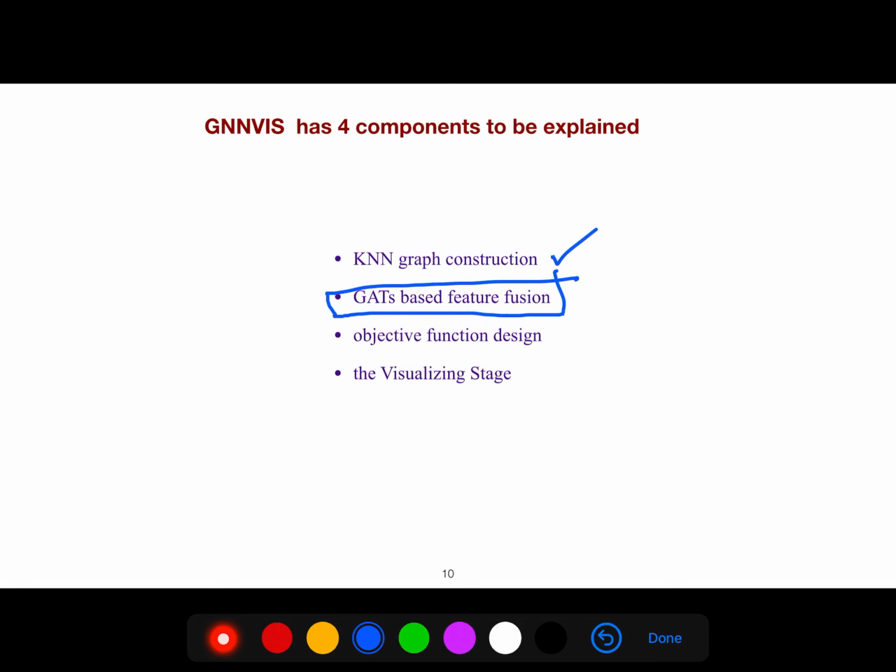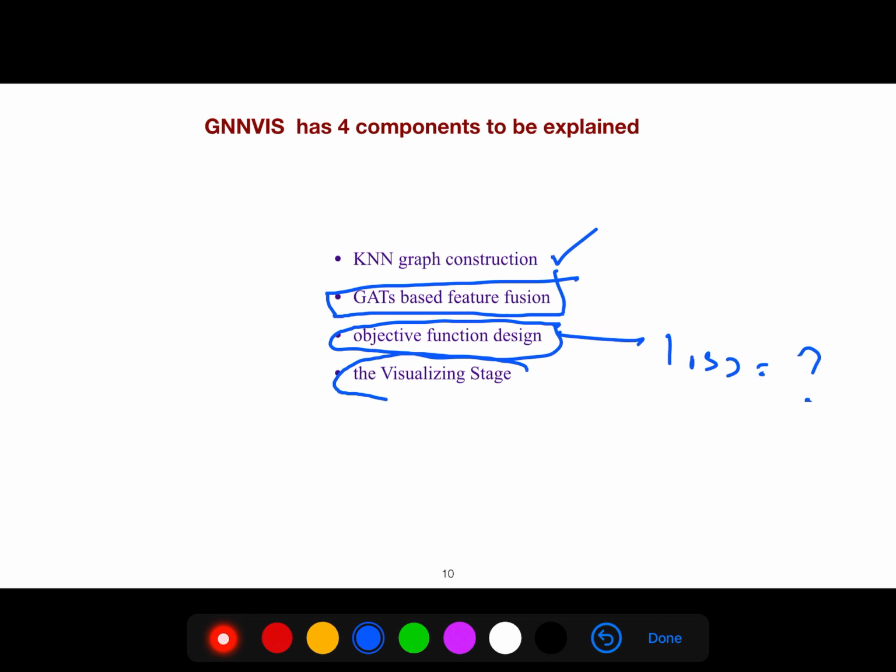And then for any graph neural network, you should have a loss. What is your loss? If it is a classification, what kind of loss? You could use any kind of loss, for example cross entropy.